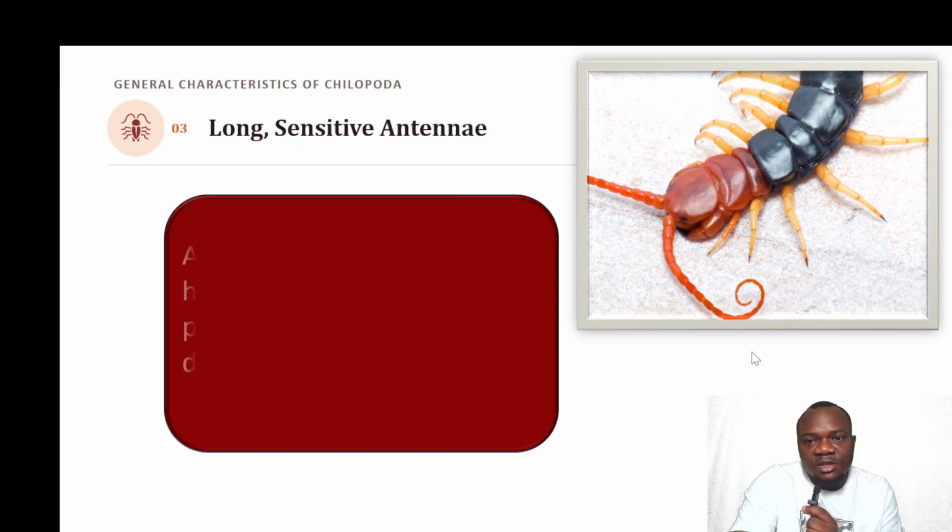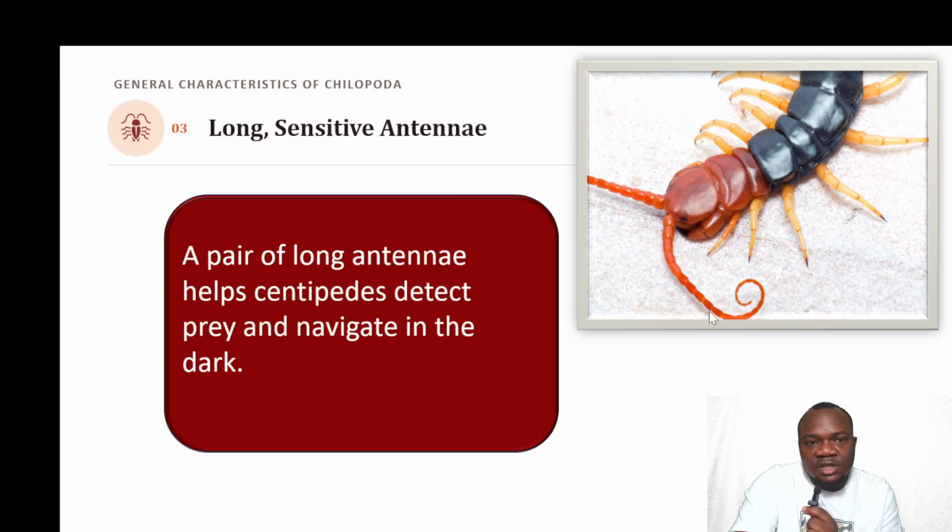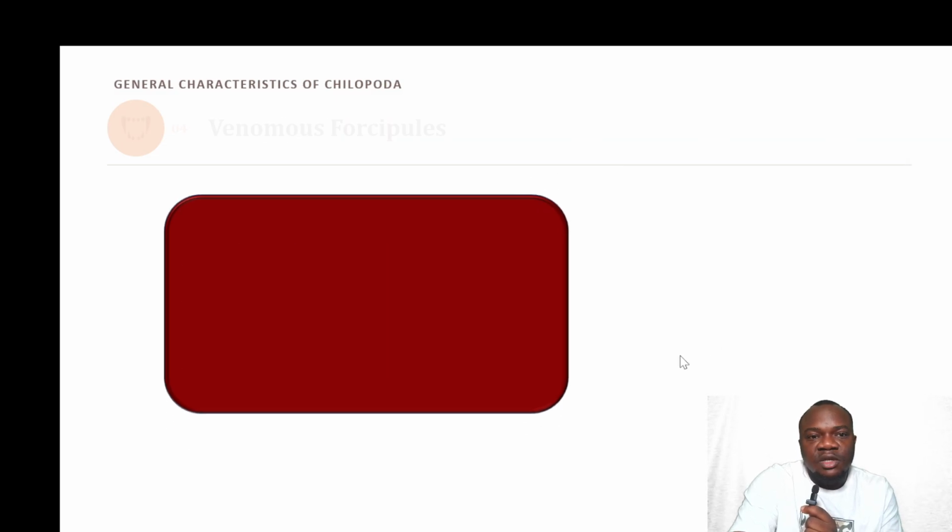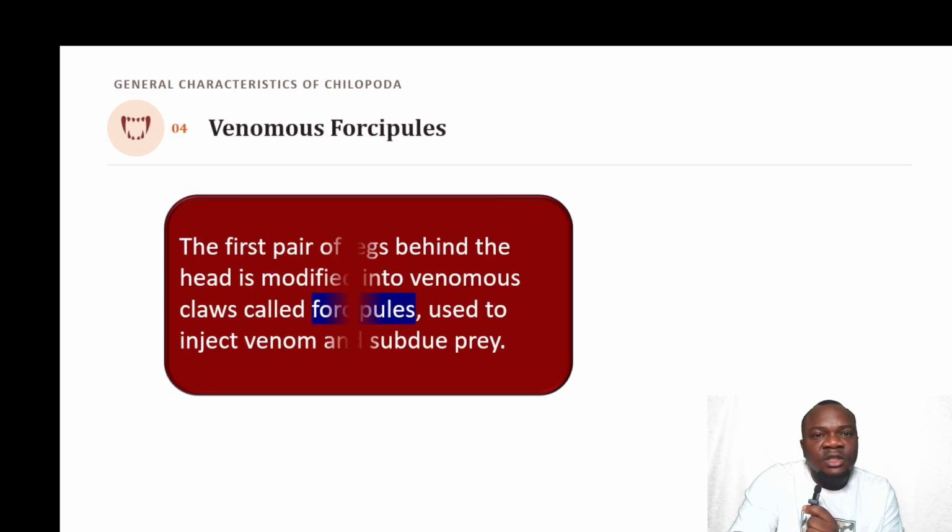This is the antennae, used to detect prey and navigate in the dark because they are very active at night. You can see them moving around at night. Then they are very venomous, meaning they have venoms and those venoms are very poisonous.